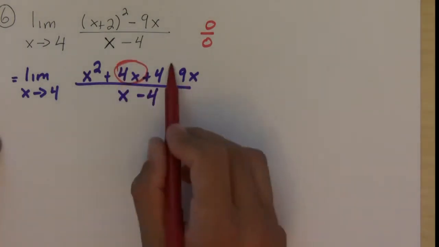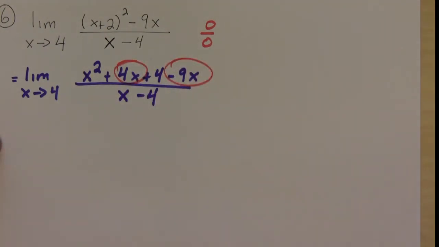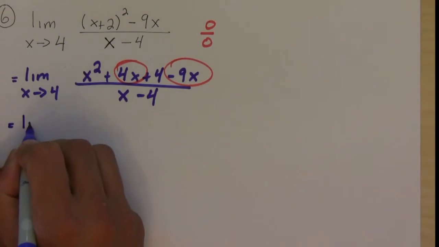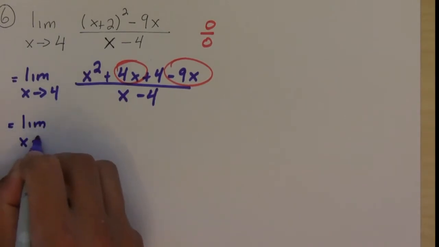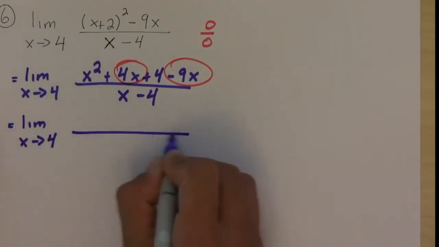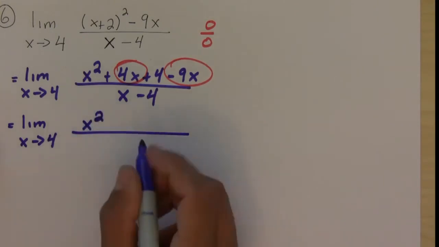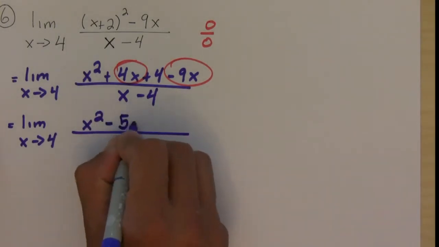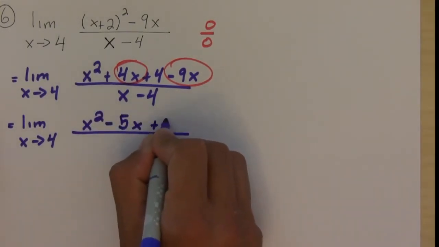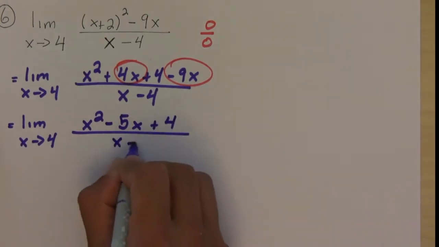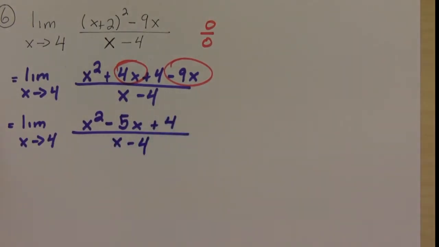Okay, so I'll combine like terms. So if I combine those, I would get that this is equal to the limit as x approaches 4 of x squared minus 5x plus 4 over x minus 4.